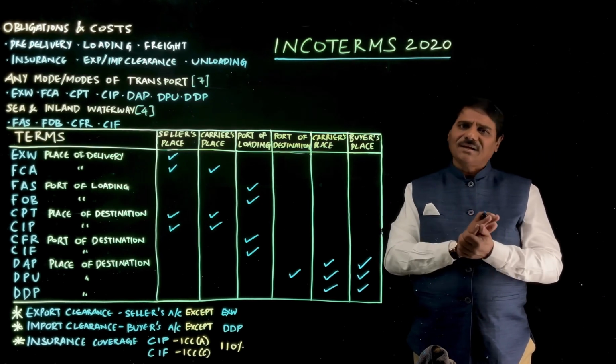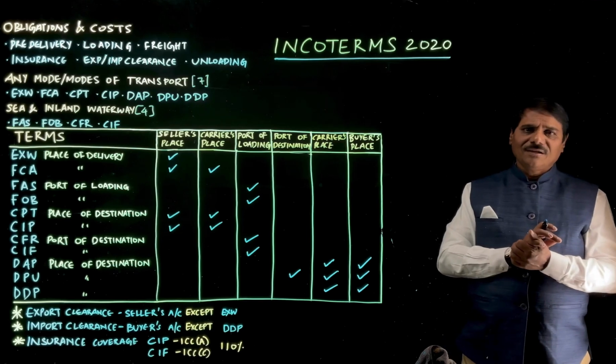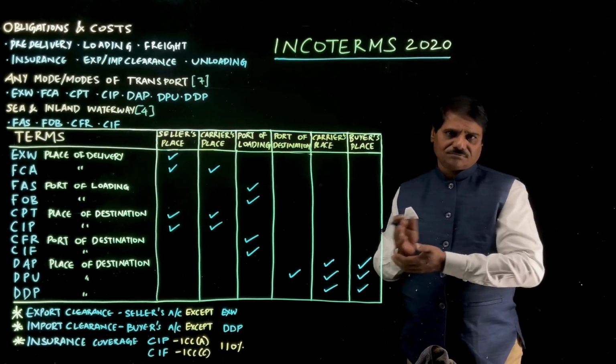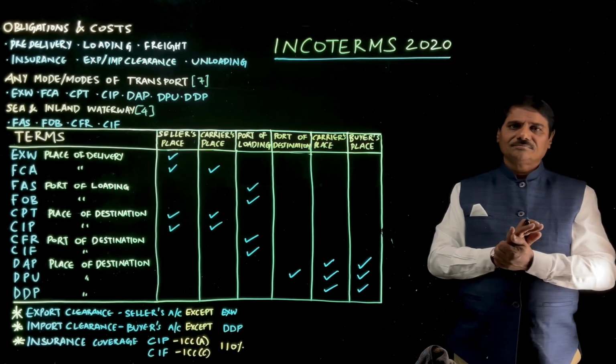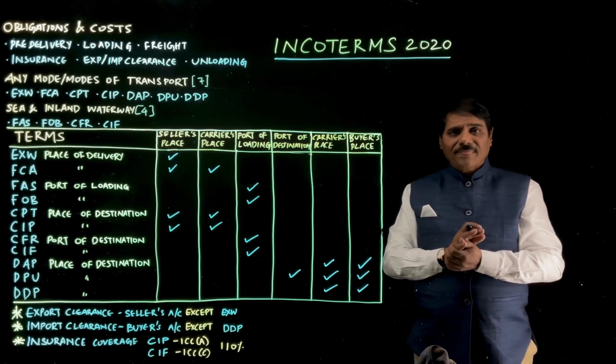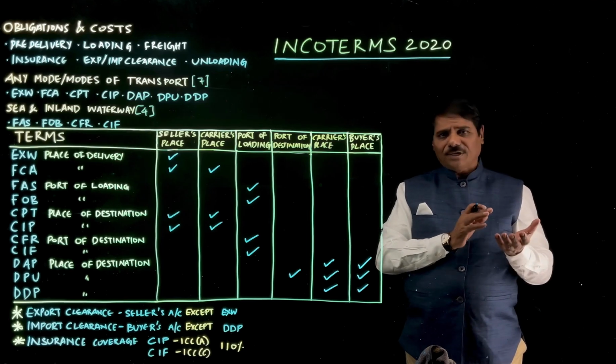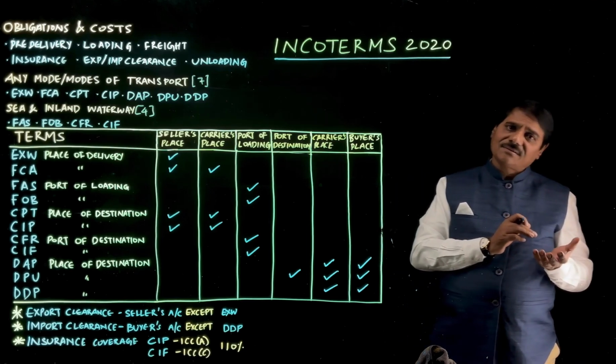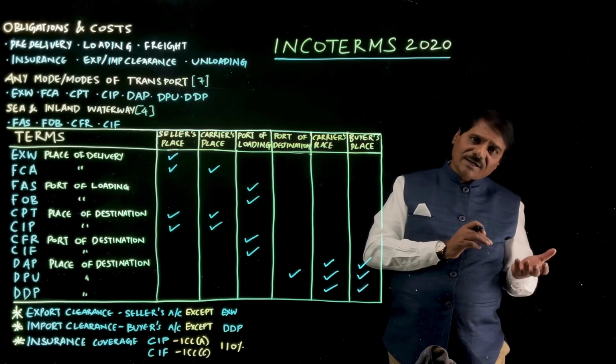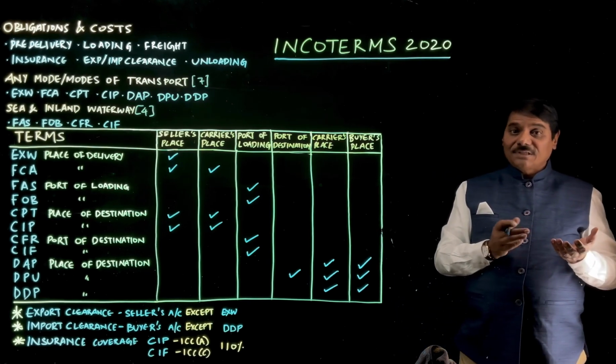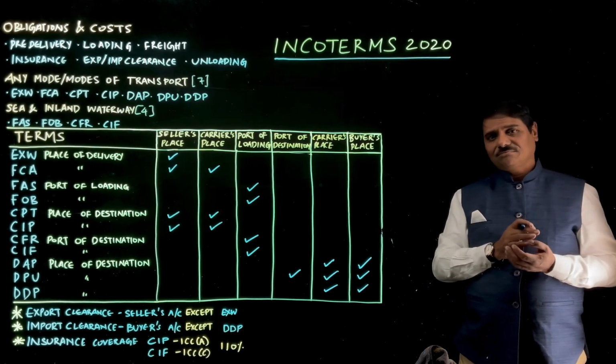So that is the reason in international trade, we hardly use it, because in buyer's country, clearing the goods for importation from customs authorities, in those countries, the seller may have to have registration.